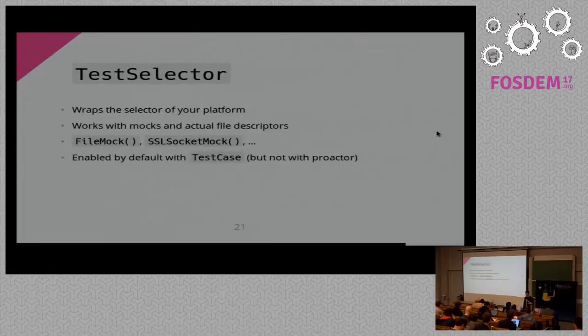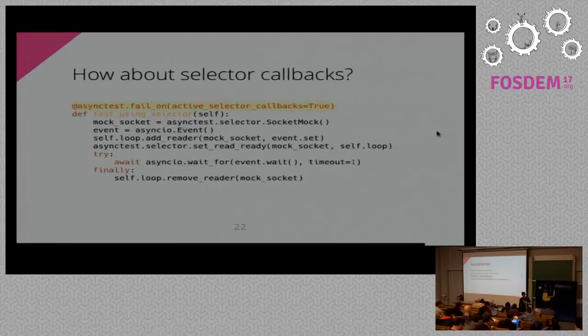Since it works correctly if you happen to use mock files or actual file descriptors, I decided to enable it by default in the test case. It's already available if you use the test case class I presented before.